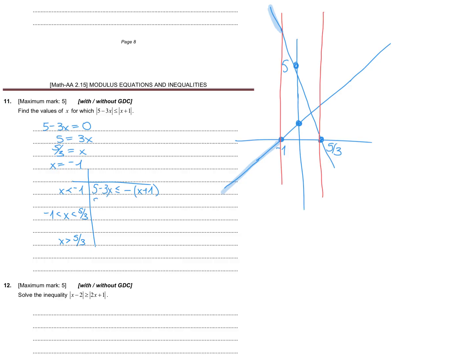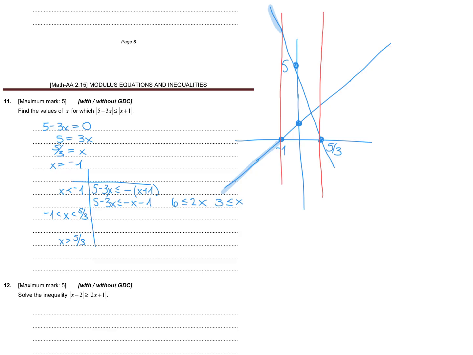So we have 5 − 3x is less than or equal to −x − 1. So we're going to have 2x on this side and 6 on this side. So x is greater than or equal to 3 for that one when we divide by 2.